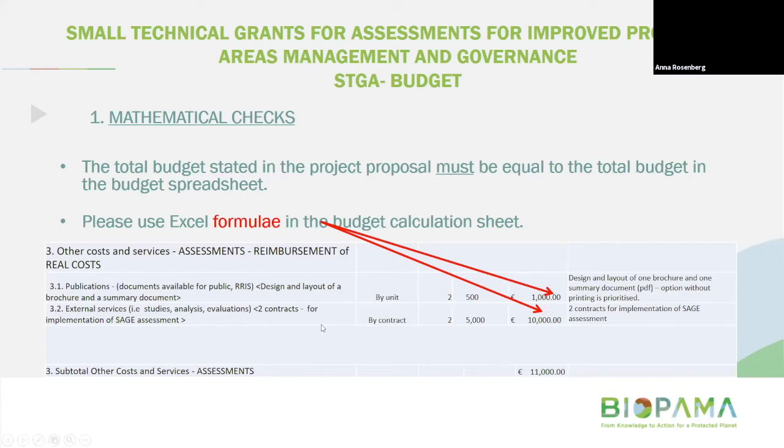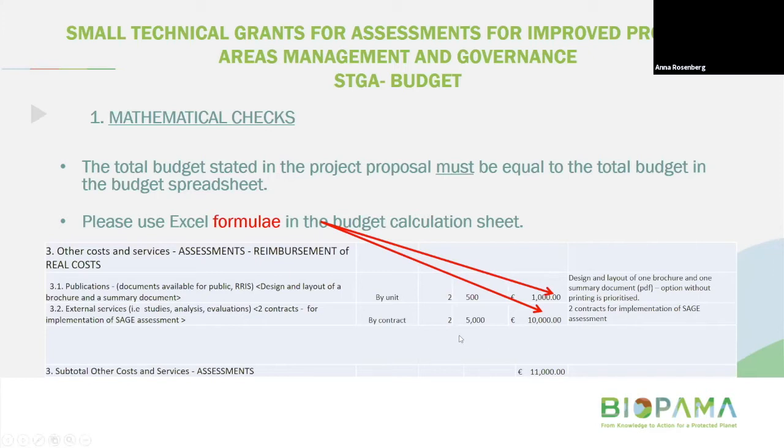External services, evaluation, studies, analysis, assessment. As an example, you intend to sign 2 contracts for STGA assessment. Each contract is estimated in your budget to have the price of 5,000.